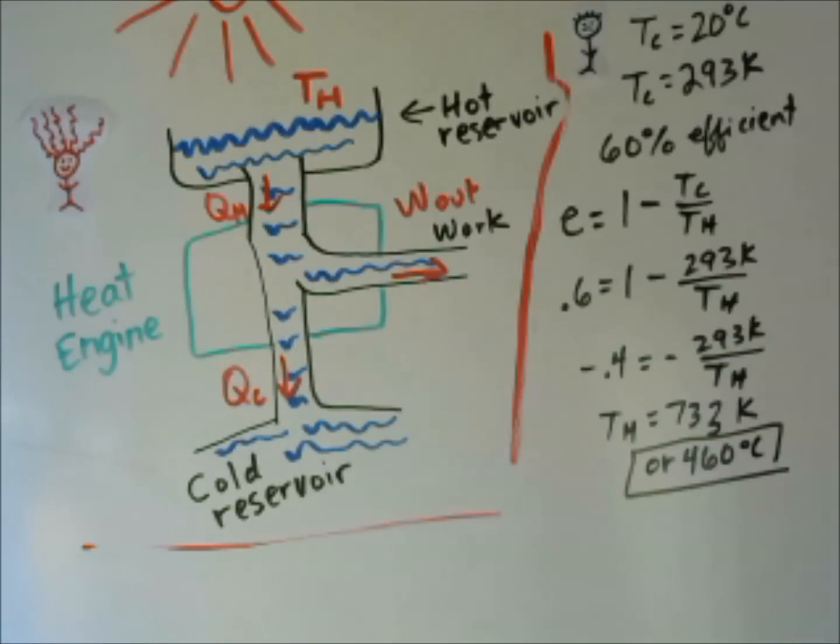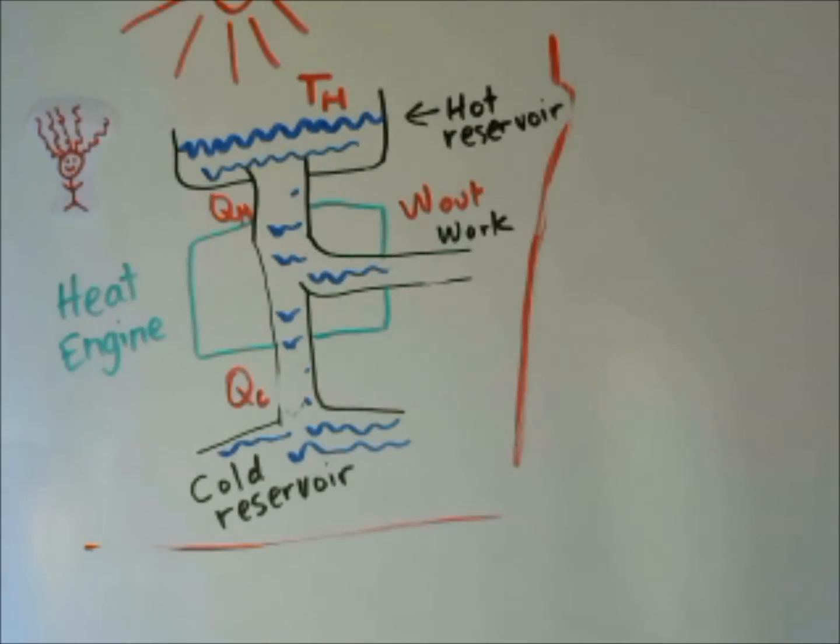So if you solve for the temperature of the hot reservoir, to get a 60% efficient device, our temperature in the hot reservoir has to be 733 Kelvin, which is 460 degrees Celsius. Remember, the boiling point of water is 100 degrees Celsius. So is that a reasonable temperature to get from just concentrating the heat of the sun? That is not a reasonable temperature. This device is not realistically possible.